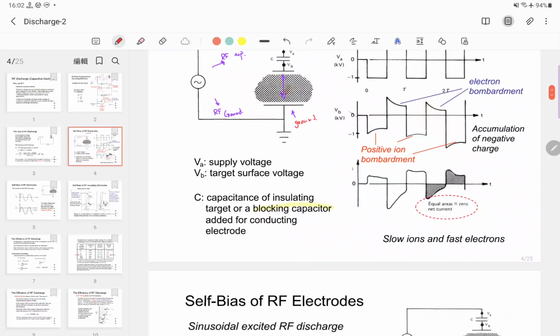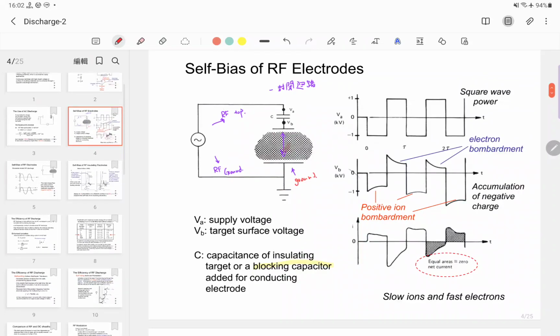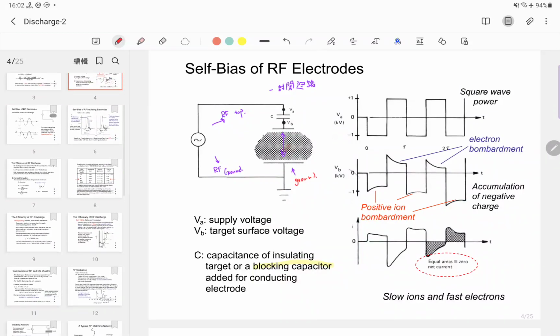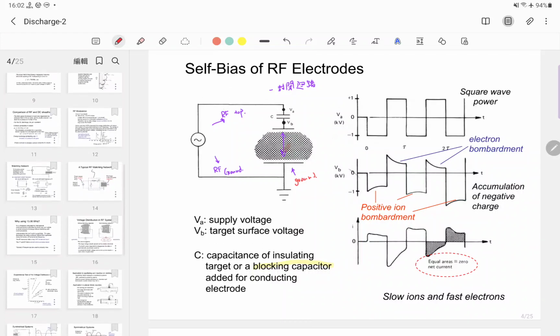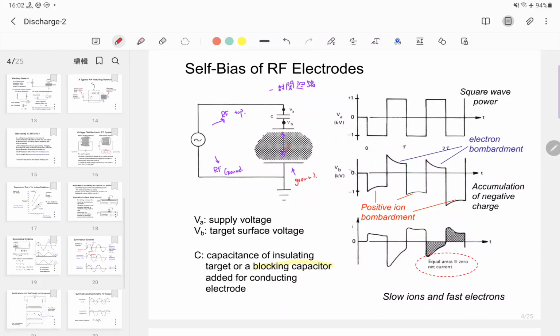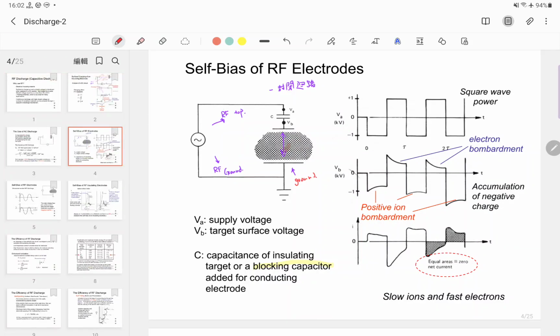The negative voltage is applied for a certain time, and then it switches to plus 1,000 volts for a certain time, and then minus 1,000, plus 1,000, this way. This is the waveform of the output, which is also equal to V sub A.